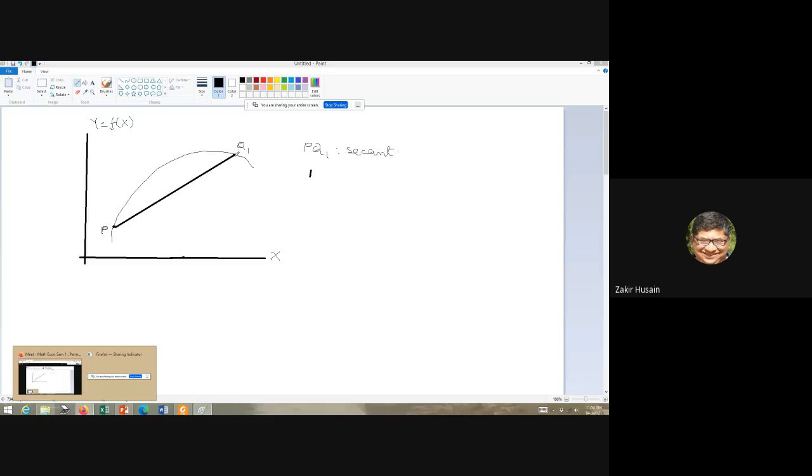So PQ1 is a secant. A secant is a line which connects 2 points on the curve. Now, instead of taking Q1, I can shift Q1 closer to P. So I'm moving down the curve. I get another secant, which is PQ2.